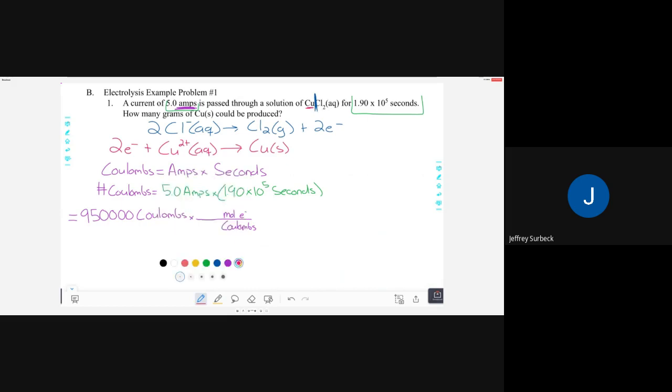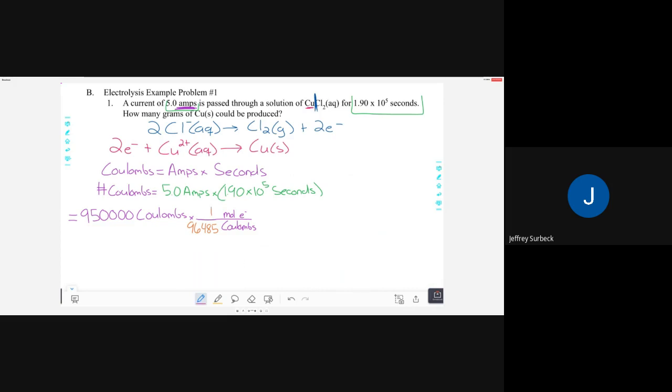If we look for the number on bottom, what is it? 96,485 coulombs. Again, that is called Faraday's constant. Don't really need to know that. That's for how many moles of electrons? Good. Moles of electrons.